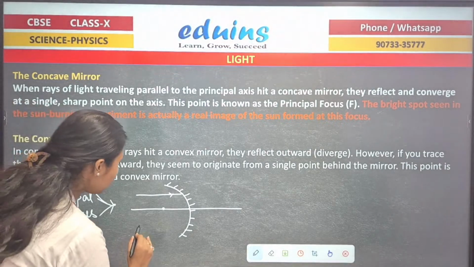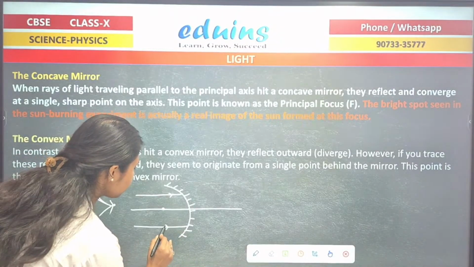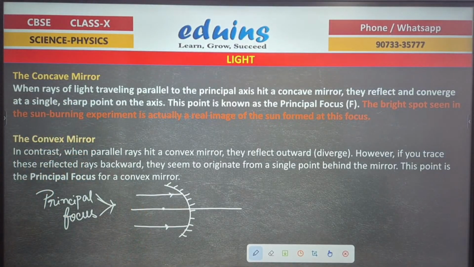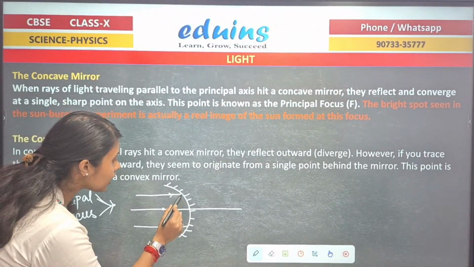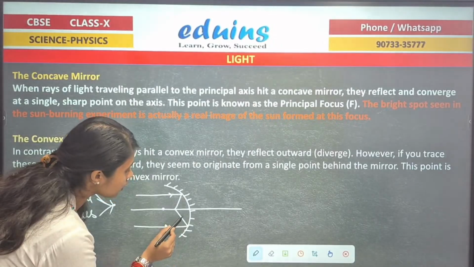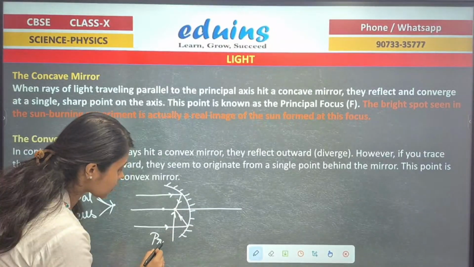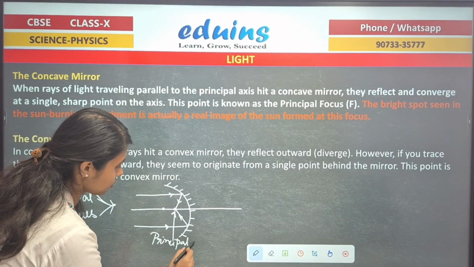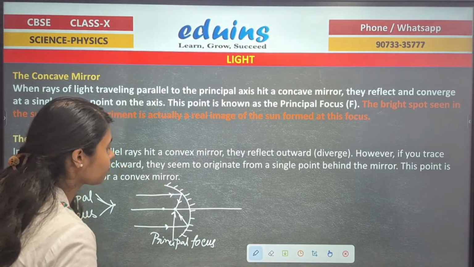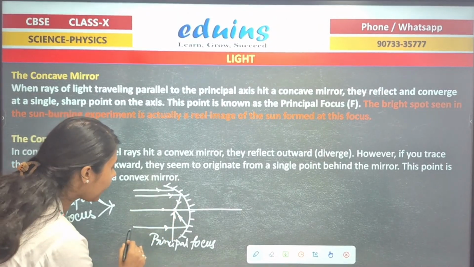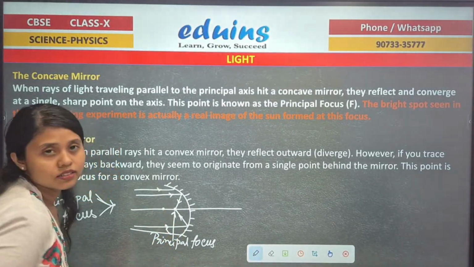So we have to draw two rays. Okay, now the reflected rays converge at a single point on the axis. So the single point where the rays converge is called the principal focus. And here we got another idea that in the concave mirror, the parallel rays bend and converge at a single point.